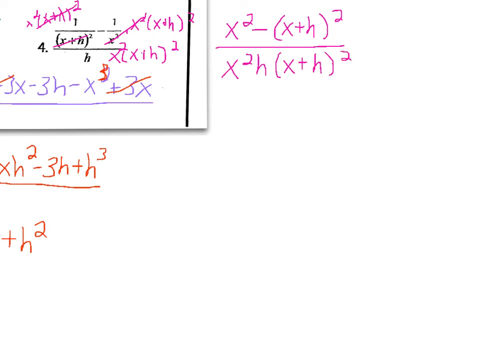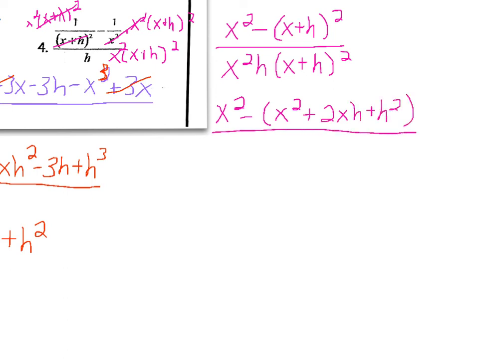So now we want to expand x plus h squared. So that will be x squared plus 2xh plus h squared and then we want to distribute the negative.